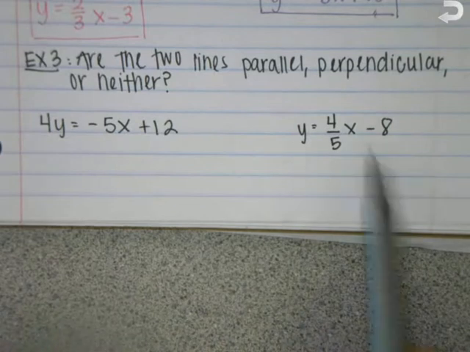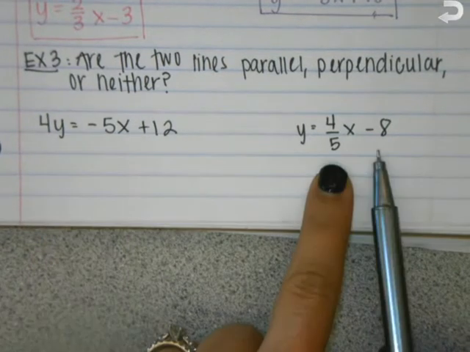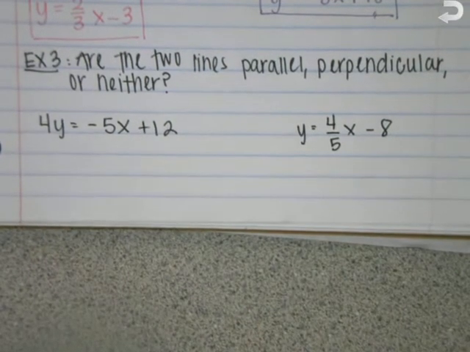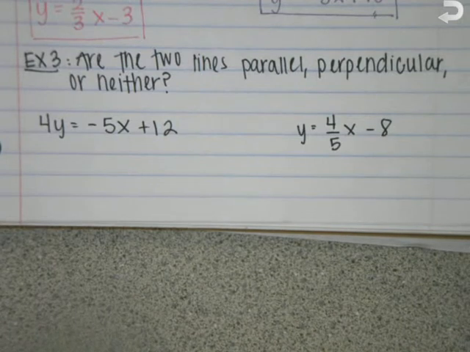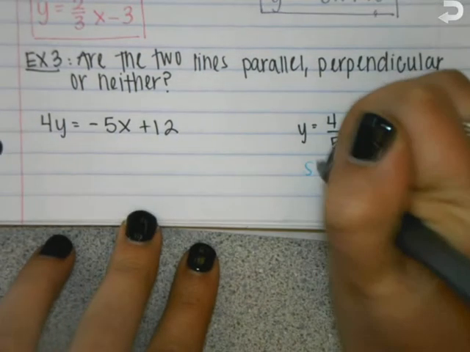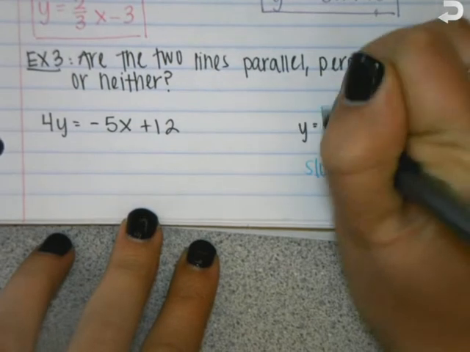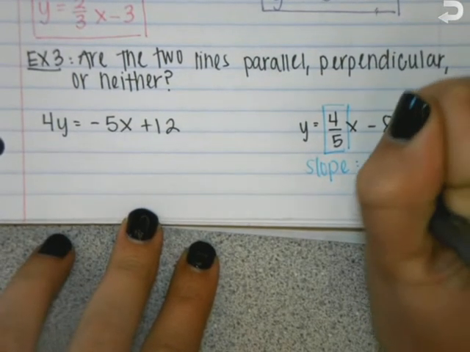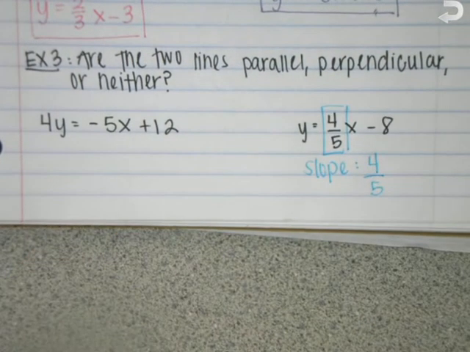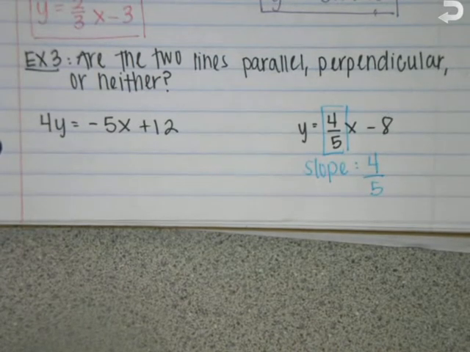Which of the two equations, equation 1 or equation 2, is it very easy to just pull out the slope? 2. What's the slope in equation 2? 4 over 5. Okay, so if the equation is given to you in slope-intercept or point-slope form, it should be very easy to just pull out the slope from the equation.